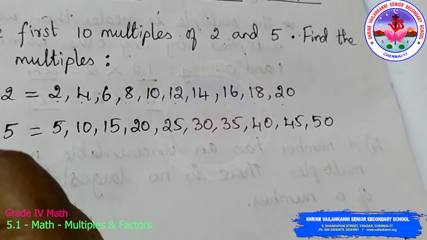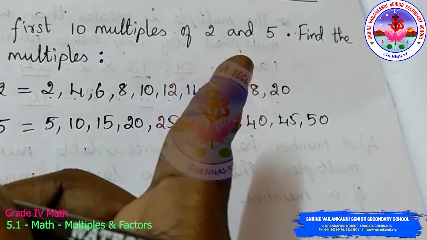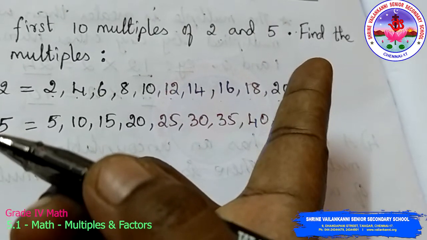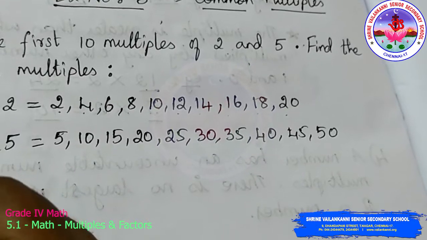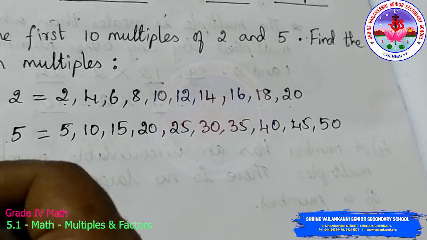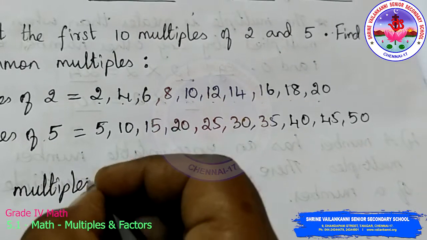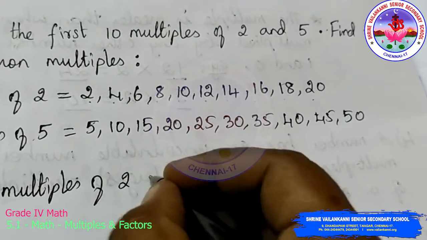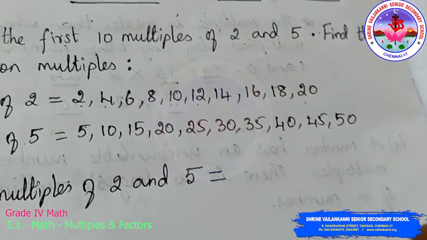Next, after finding the 10 multiples of numbers 2 and 5, we are asked to find the common multiples of 2 and 5. Okay.